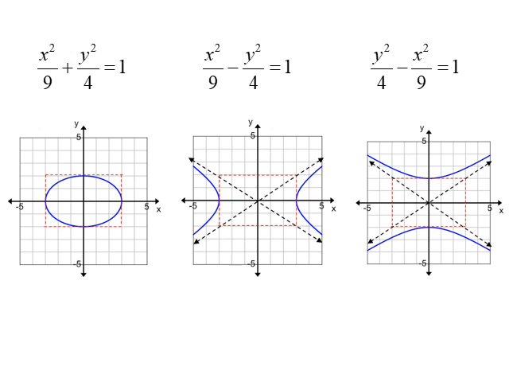Here are a couple quick examples. The things I want you to notice is that an ellipse has a plus, and depending on which denominator is bigger will help us identify the horizontal or vertical major axis.